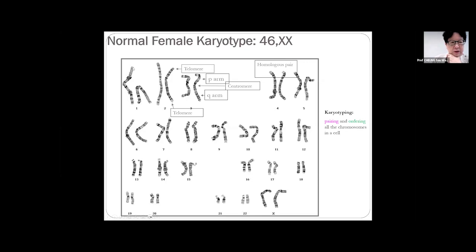Here is called 1p TER, and here's 1q TER, and then 2p TER and 2q TER. And this is the centromere region. We pair the chromosomes by the centromere, and then the short arm and the long arm. And this we call a homologous pair.